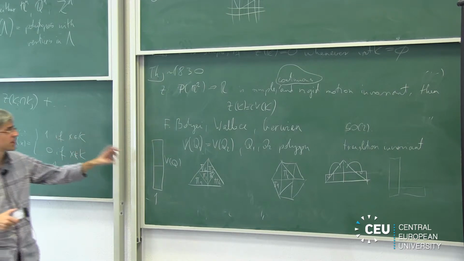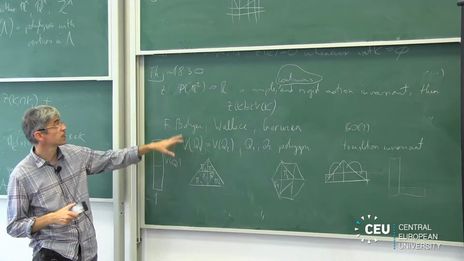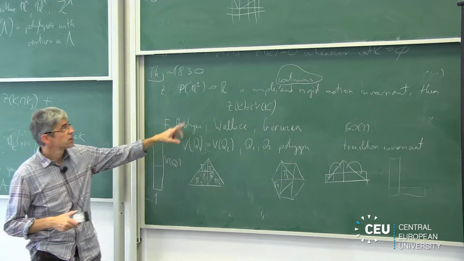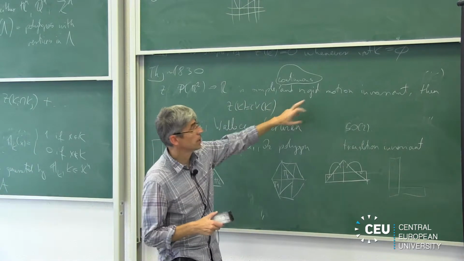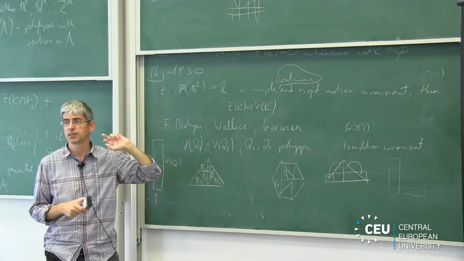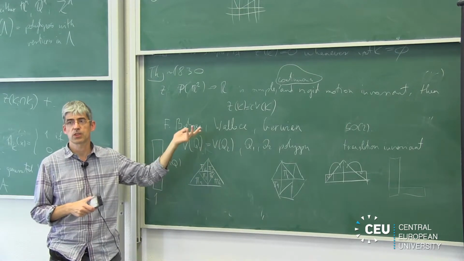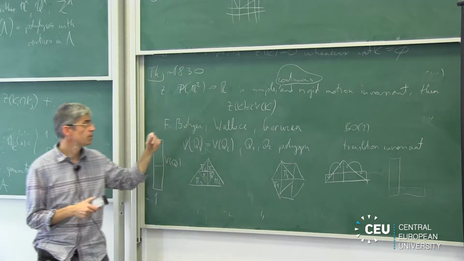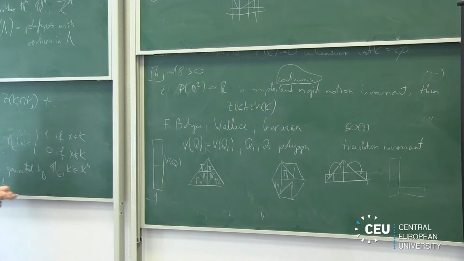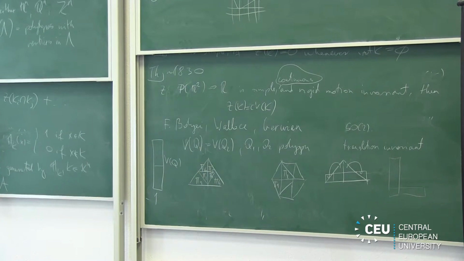Maybe just one remark: naturally from this also follows that if you have any simple, continuous, and rigid motion invariant valuation on planar convex bodies, then it's also a constant times the area, because any convex body can be approximated by polygons. So for this we characterize. What about in high dimension?